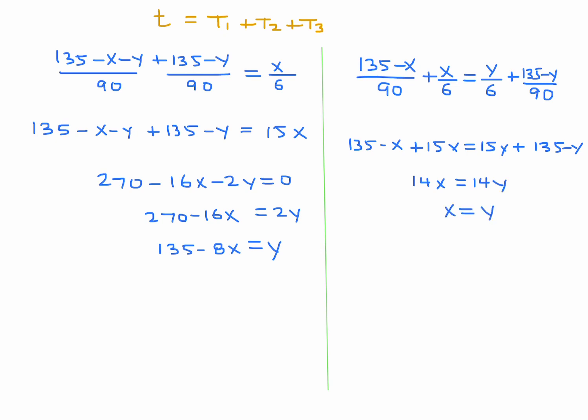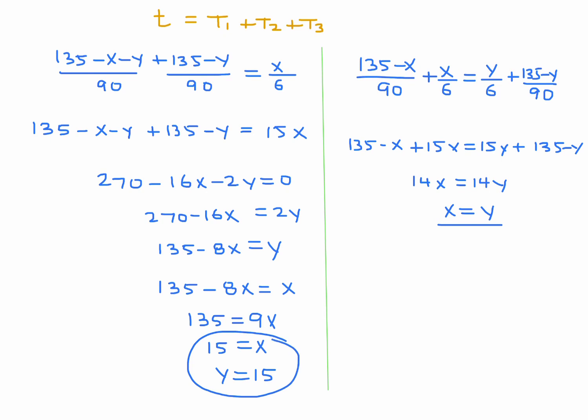So that means x is equal to y. Oh, okay, interesting. Substituting that back into here, we got 135 - 8x is equal to y, but y is equal to x. So that means 135 is equal to 9x, and therefore x is equal to 15. And that means y is equal to 15. Okay. There we go. I just got numerical values for x and y.